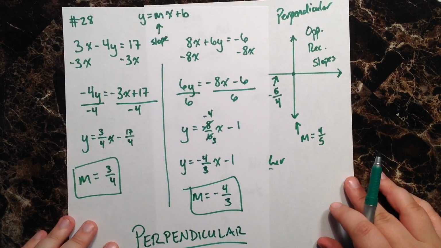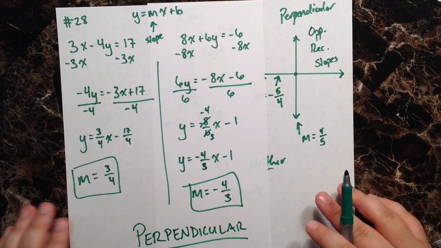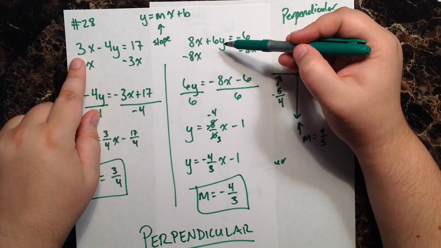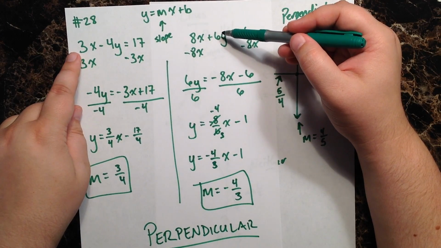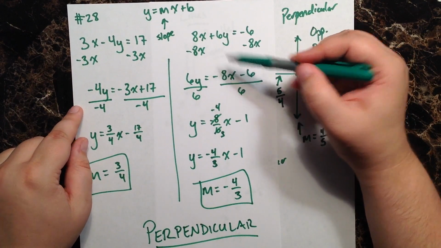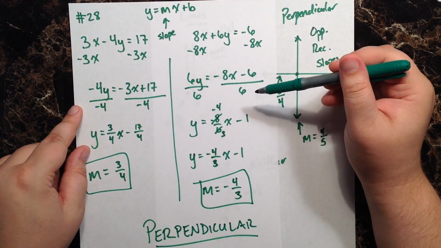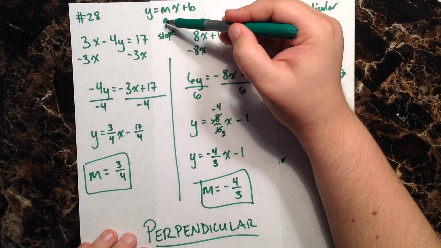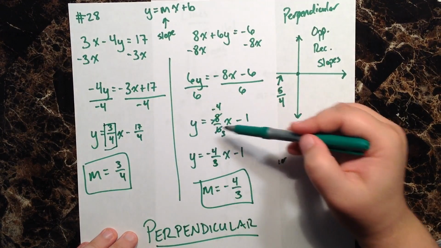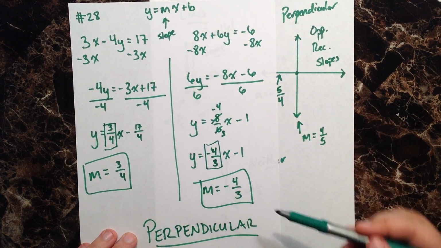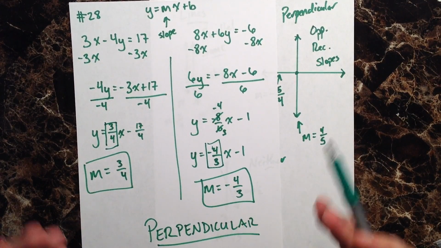So what you're going to do when determining parallel, perpendicular, or neither is take your equation, which generally will be given to you in standard form, and rewrite it solving for y so that you can put it into y equals mx plus b, and that way you can easily identify your slope. From there you're just comparing your slopes. Are they the same?